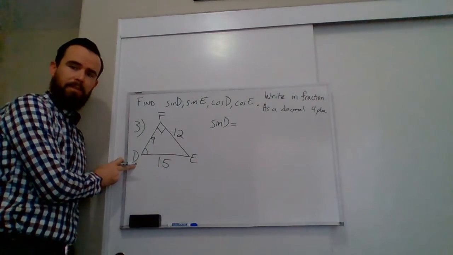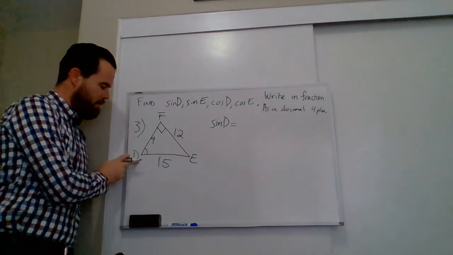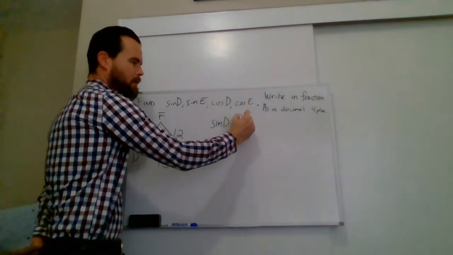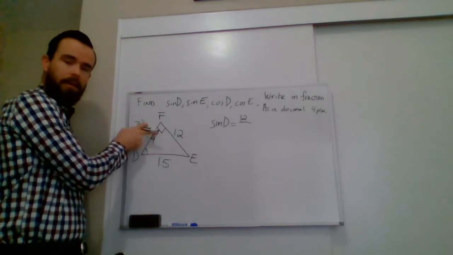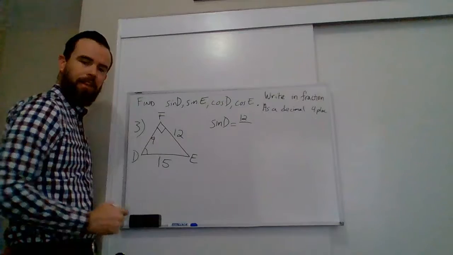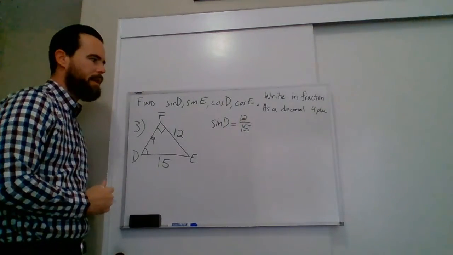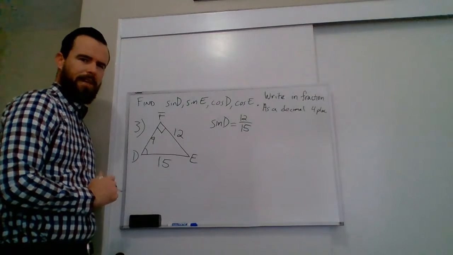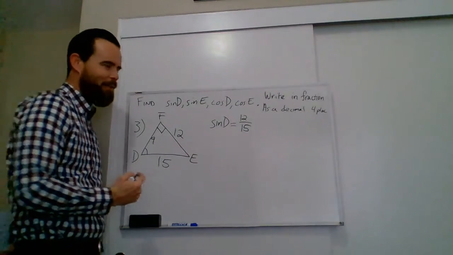If we're looking at the opposite side, we need opposite over the hypotenuse. So we look all the way across, we got 12. And then our hypotenuse, well, here's our right angle, so it's the side opposite the right angle, 15. So sine of D is 12 over 15. Can we simplify that fraction? I think we can.